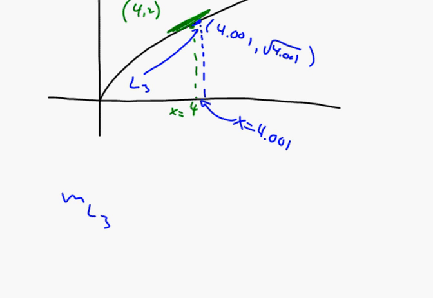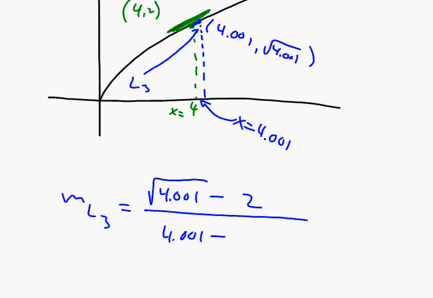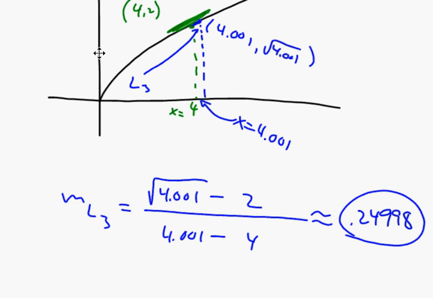The slope of L3 is going to be square root of 4.001 minus 2 over 4.001 minus 4. And my assistant tells me that this is about 0.24998. Wow.